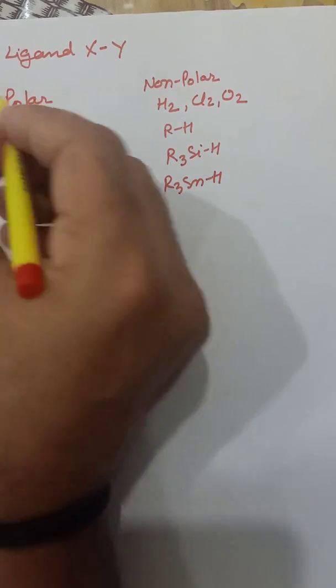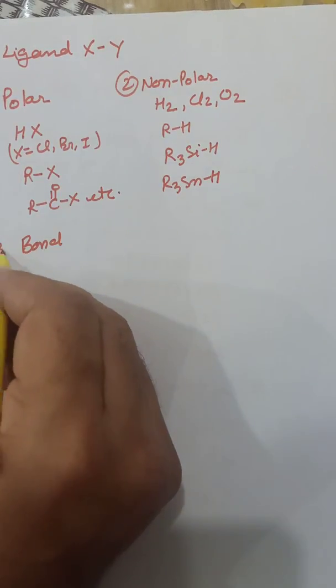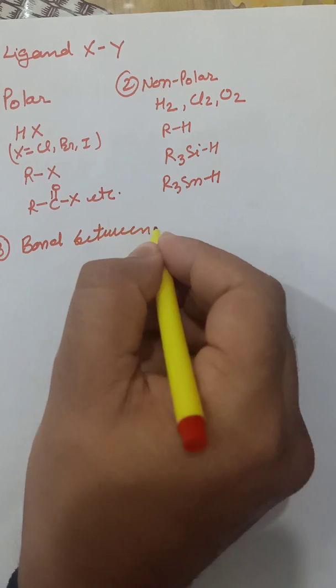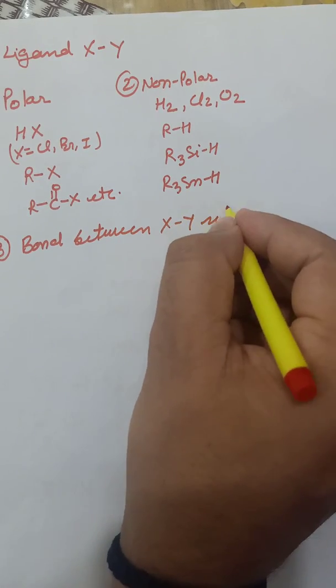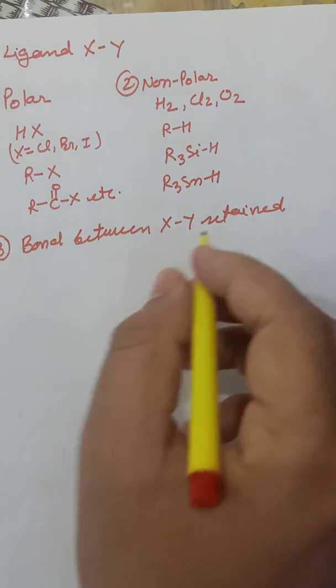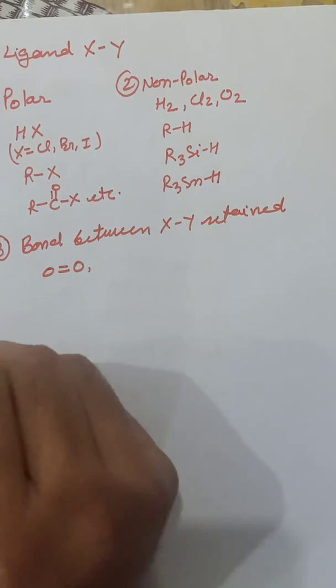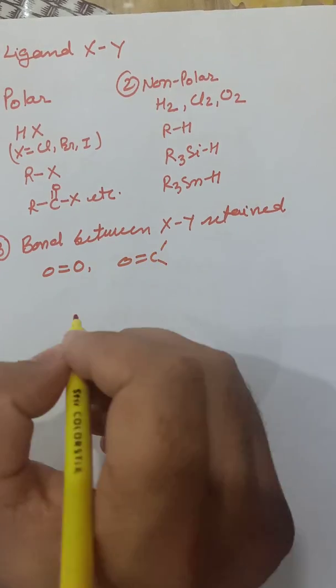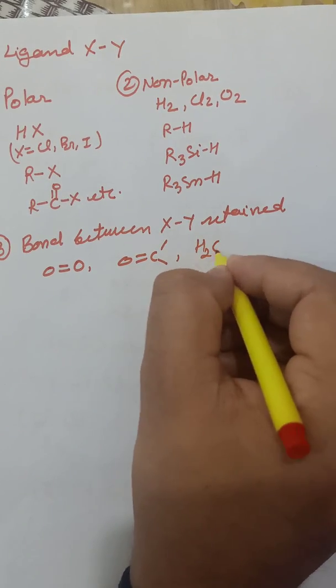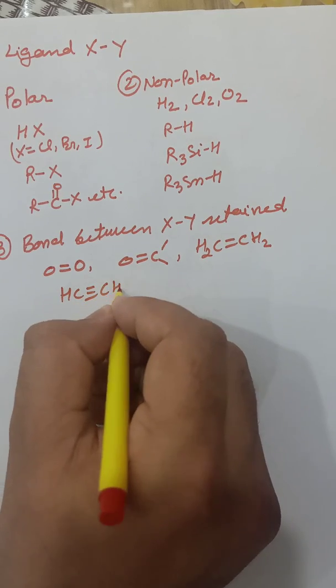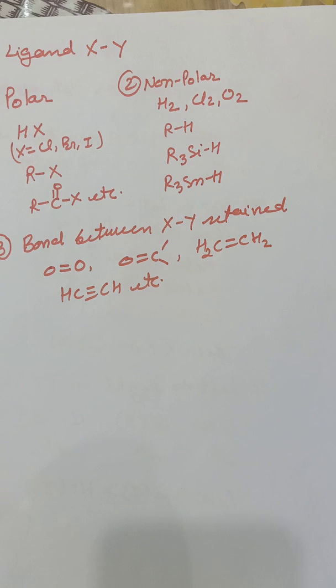For example, if you see oxygen, or this keto compound, or alkene, acetylene, etc. Here, since in the oxidative addition there is the breakage of only one sigma bond, the other bond will remain intact in the molecule.